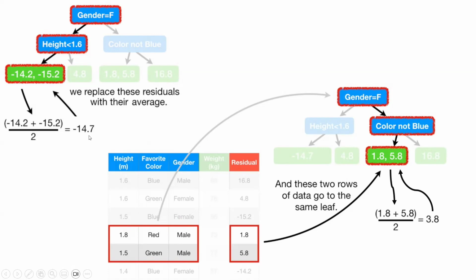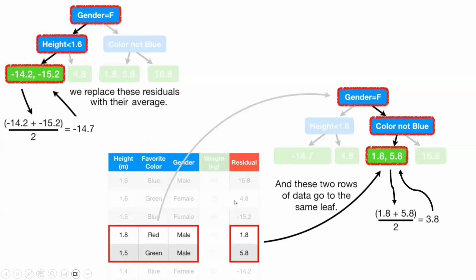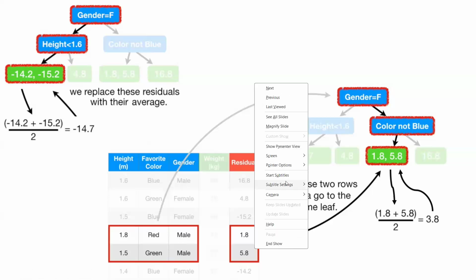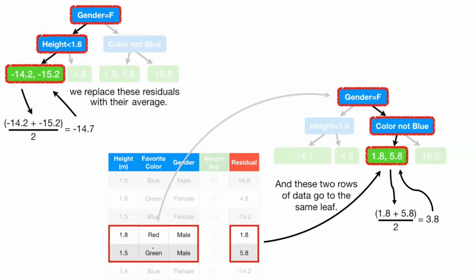If you want to understand this in a better way, take this example. Consider this particular person, the gender is male, so gender is female is false.